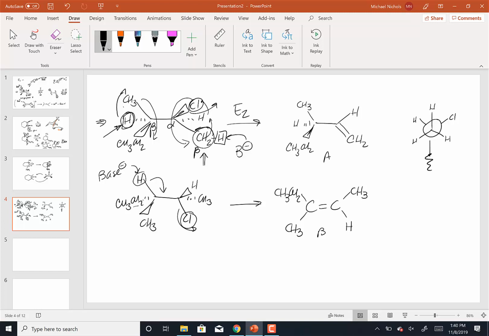But then you would say, okay, well, how do I know what's cis? The groups with the same bond. Let me think about this for a minute. I'm not sure that the groups with the same bond would be cis.